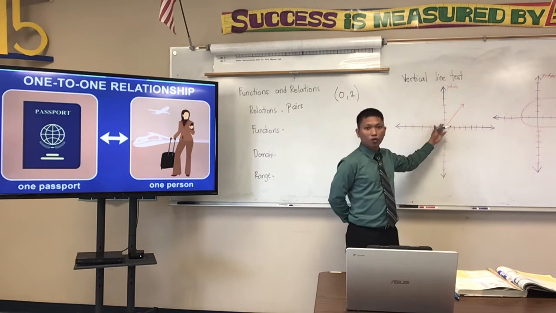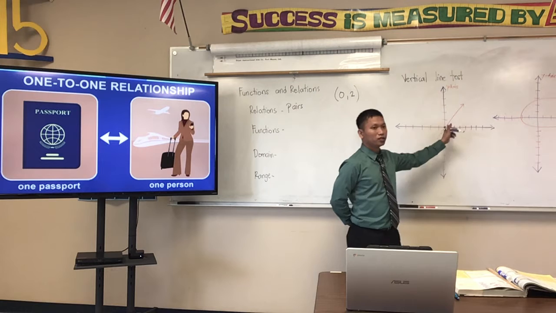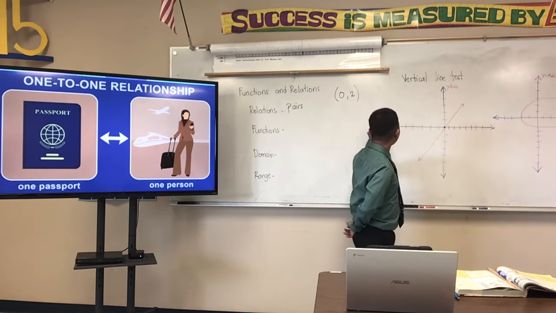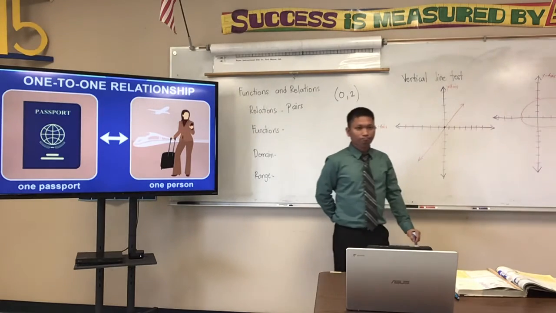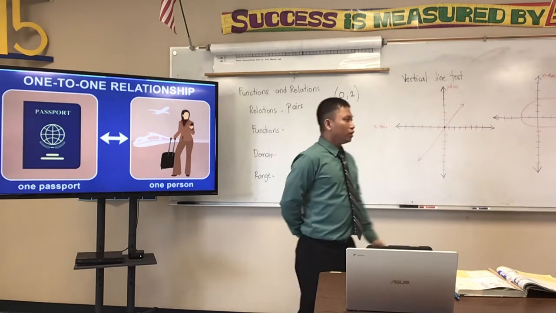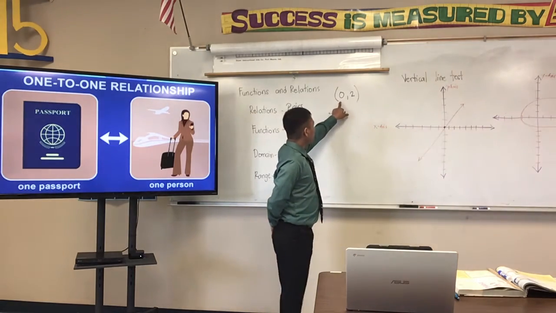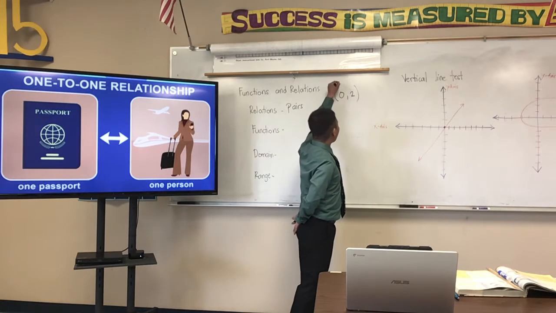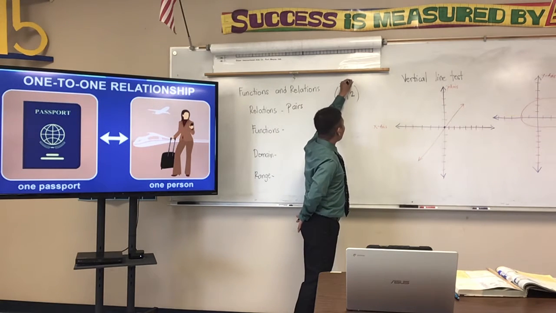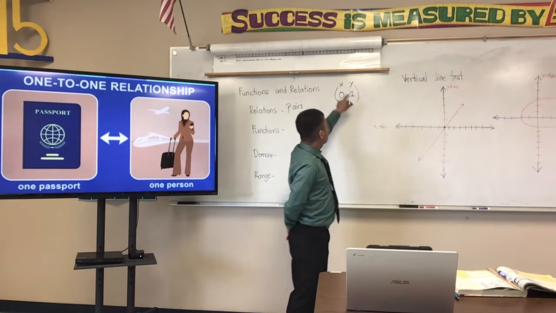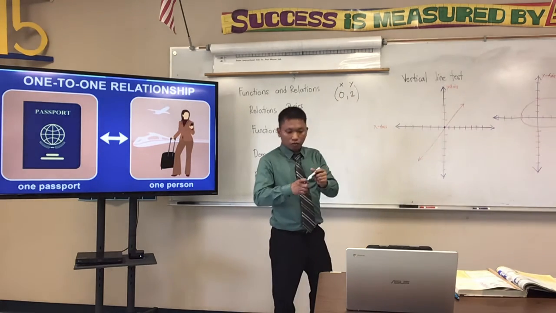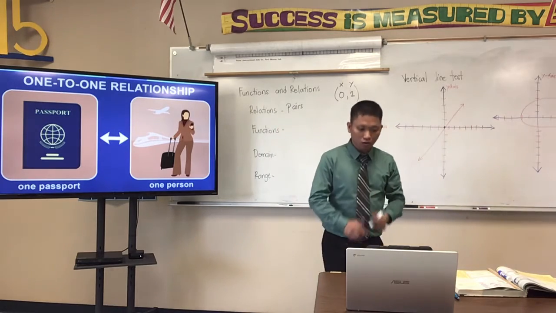Using the Cartesian coordinate plane, we can locate 0 and 2. This is our x-axis and this is our y-axis. So if we have the ordered pair (0, 2), 0 is our x, the first coordinate, and 2 will be our y, the second coordinate.